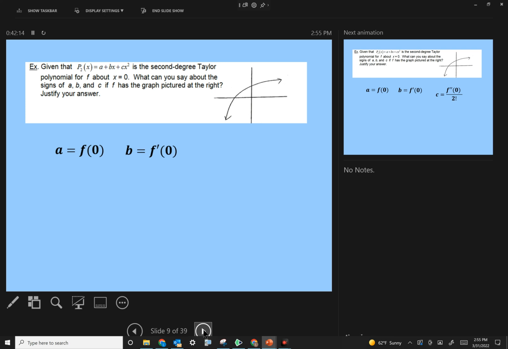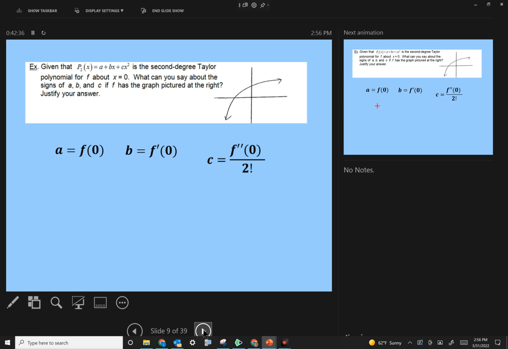And what is c? Be careful. It's not just f double prime of 0, but it's f double prime of 0 over 2 factorial, isn't it? Because isn't over 2 factorial part of your constant? Does everybody see what I'm talking about there? Is everybody okay? All right.